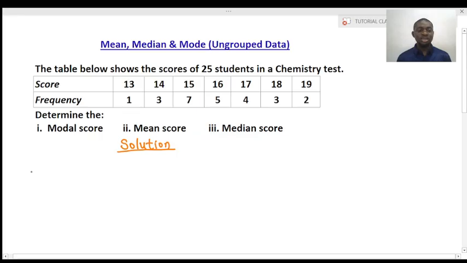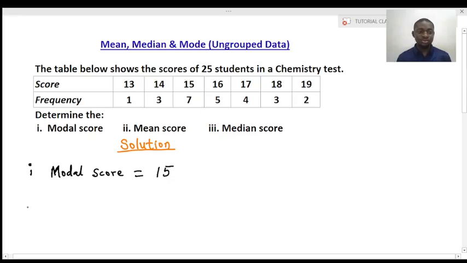So here, the modal score is obtained by looking for the score with the highest frequency. Which one has the highest frequency? Here, the one with frequency 7. So the modal score will be 15 because the score 15 has the highest frequency, which is 7.